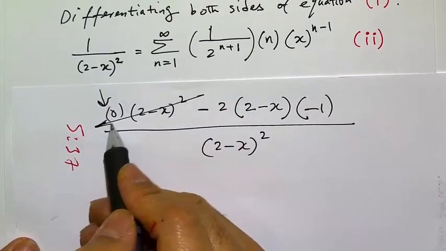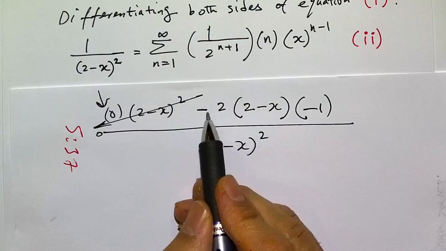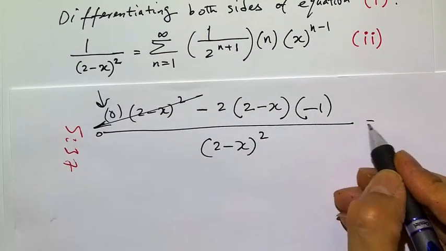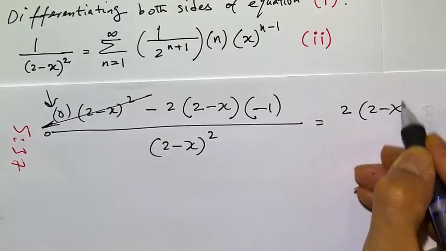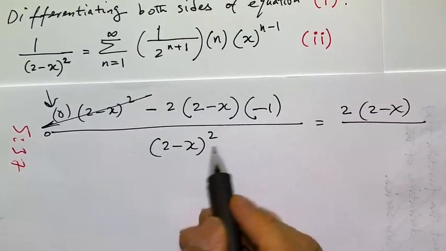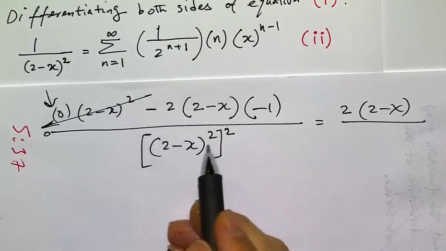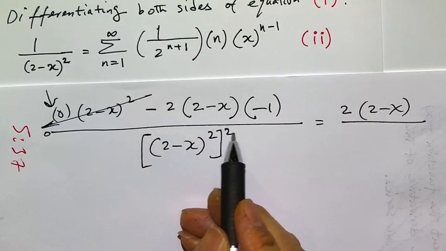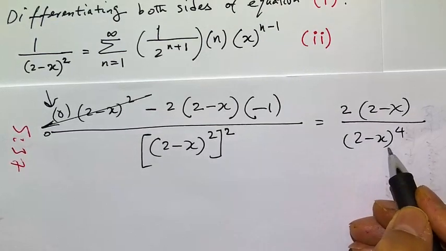So this drops out as 0. This we will have 2 minus 2 times minus 1. We end up with 2 times 2 minus x, and raise all of this, 2 minus x squared, squared. So we will have 2 minus x to the 4th power.